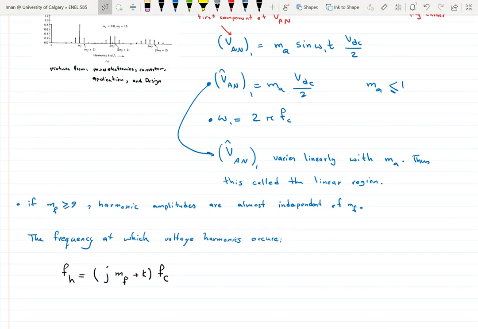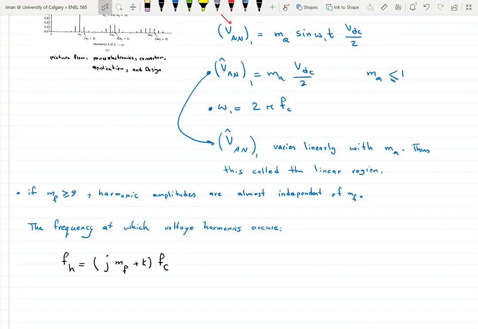So this is the harmonic number, and it's multiplied by FC to give us the frequency at which voltage harmonics occur. So if j was an odd integer, or just an odd number, then k has to be even.